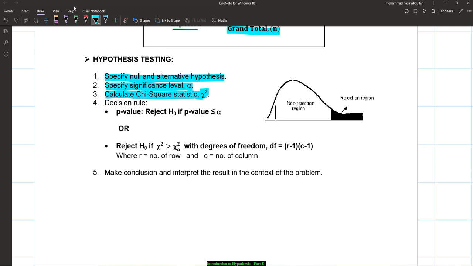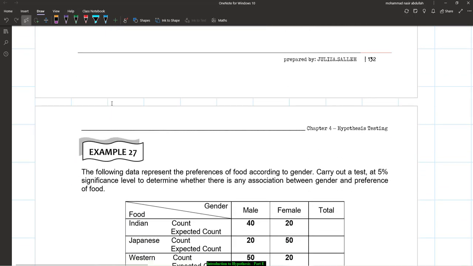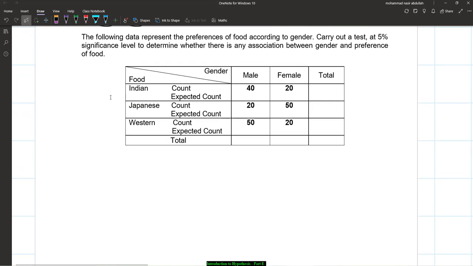If you are using a critical value, then if the calculated chi-squared value lies in the rejection area, the null hypothesis will be rejected. If you are using the p-value approach, when the p-value is less than alpha, the null hypothesis is rejected. And then step number 5, we make a conclusion and interpretation of the result in the context of the problem, right? So next, move to example number 27.